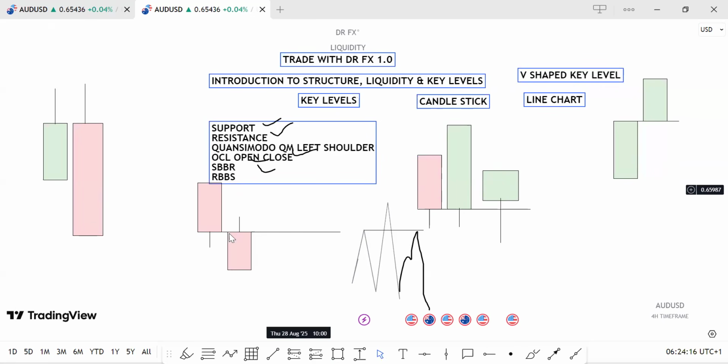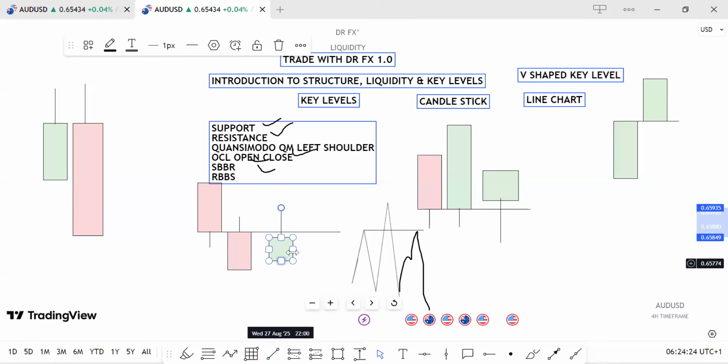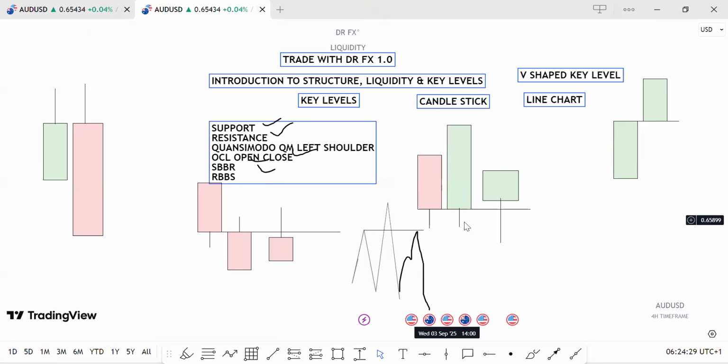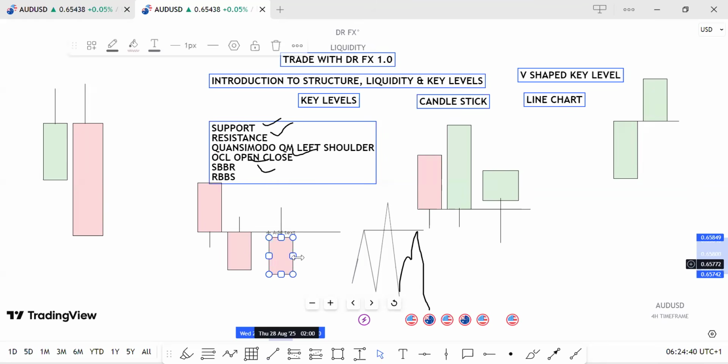For the sell scenario, it's going to be something like this: the market will tap, give us a wick, and the market is going to close below. It's going to be red. If the market does anything like this and closes above your line, then this has been respected. This one also has been respected.